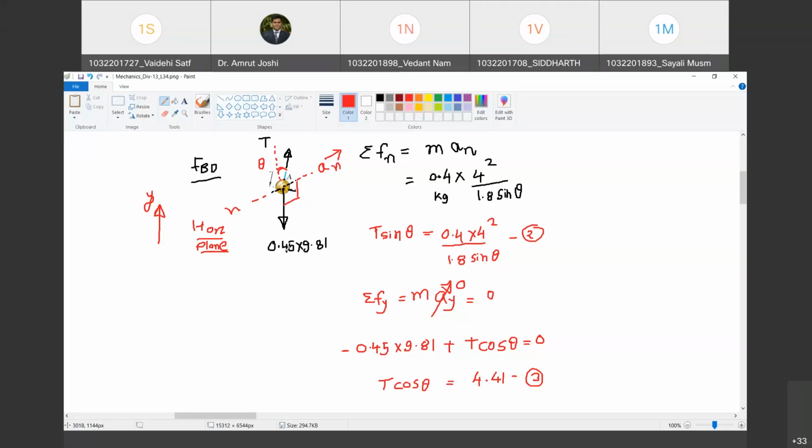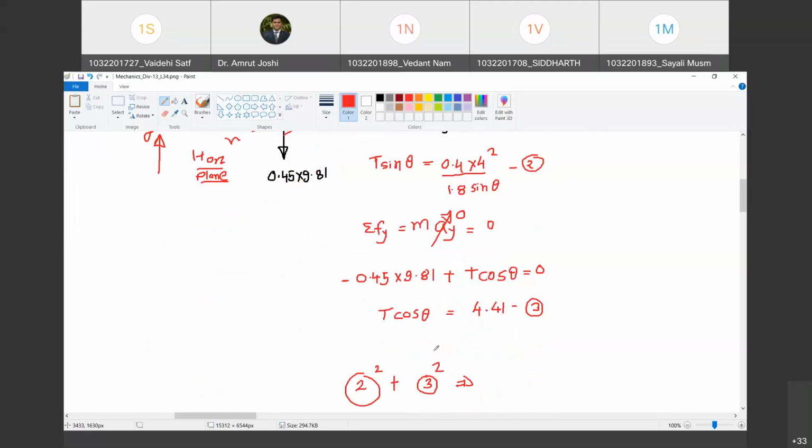T cos square theta. Okay, let's do this.